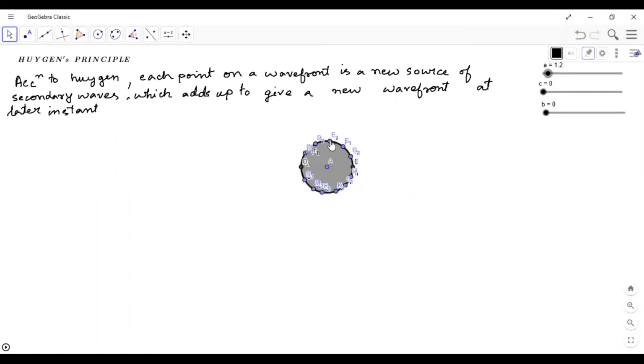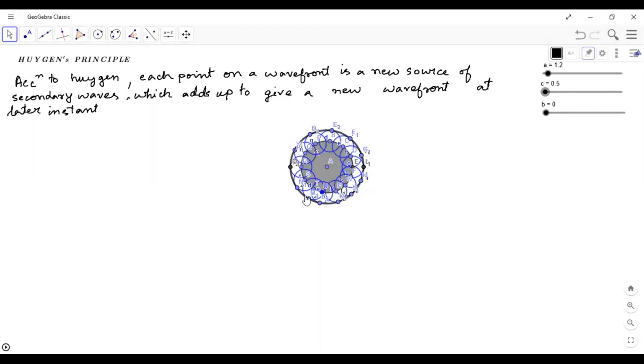Let's say that after a certain instant they have started to emit light in all directions uniformly, and because of this you can see they are now having their own wavefronts, spherical wavefronts. We call them wavelets. These are your secondary waves, or sometimes we call them wavelets.